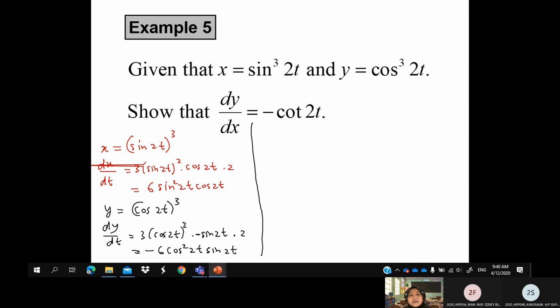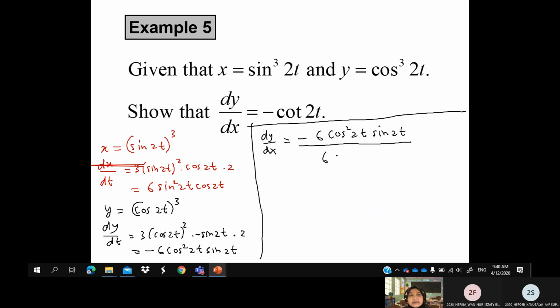Settled. Now you need to find dy/dx. dy/dx is equal to negative 6 cos squared 2t sin 2t over 6 sin squared 2t cos 2t.